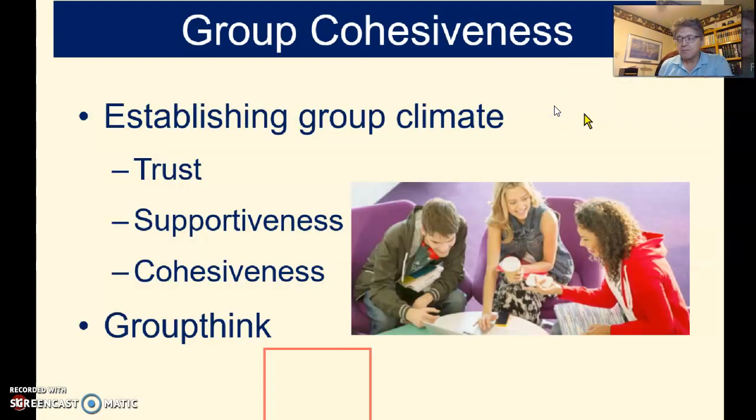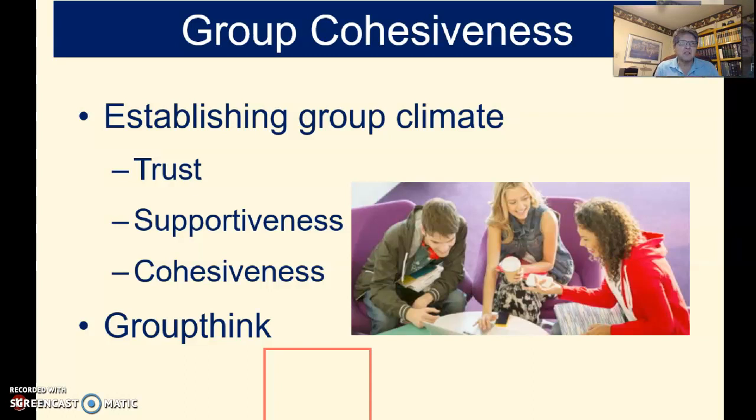All right, so as groups develop, we get into the topic of group cohesion. I speak of cohesion as the glue that holds the group together. So cohesion is the binding kinds of things that hold the group together.